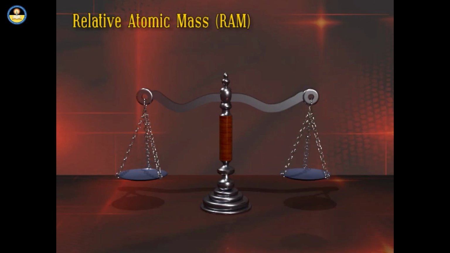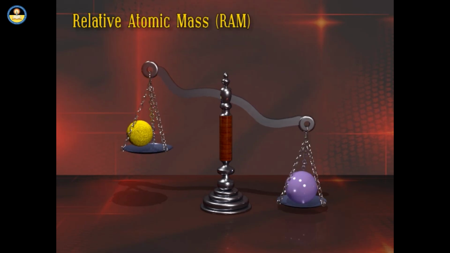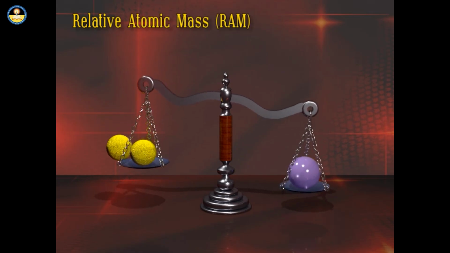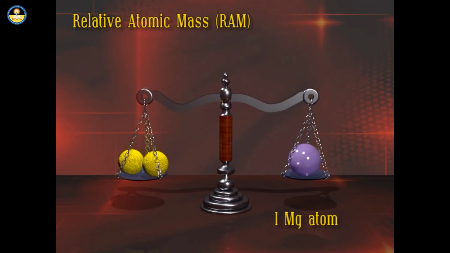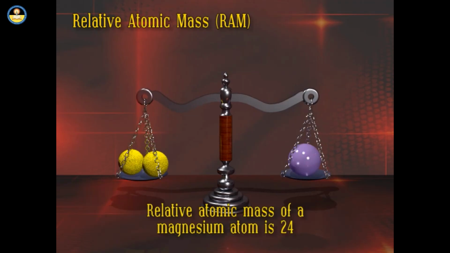Let us next try to find out relative atomic mass of magnesium atom. We place a magnesium atom on one pan and balance it with 2 carbon-12 atoms. So, we find that relative atomic mass of a magnesium atom is 24.